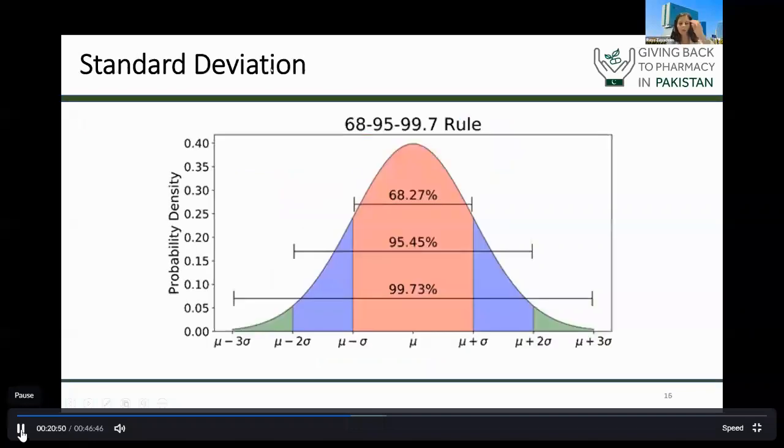So the standard deviation also explains the probability density. For example, you can hear multiple different terms for the standard deviation depending on what type of research question you're looking at.